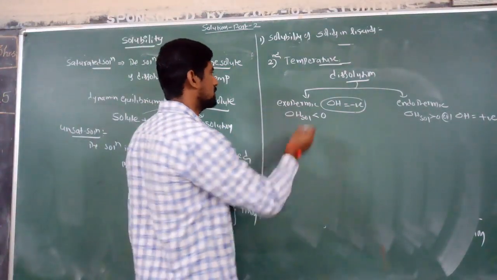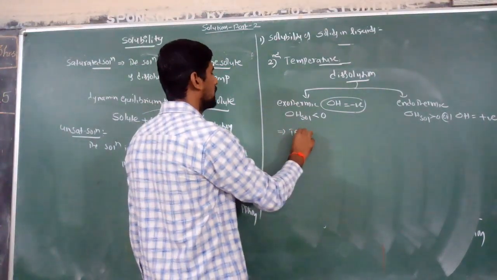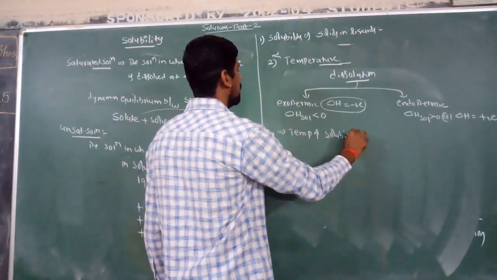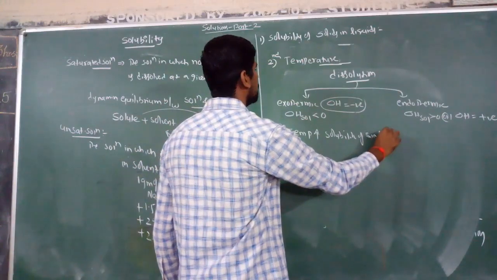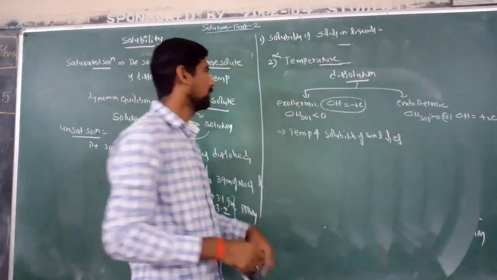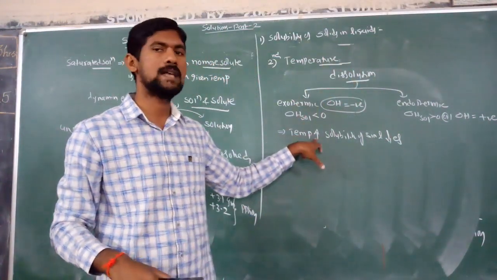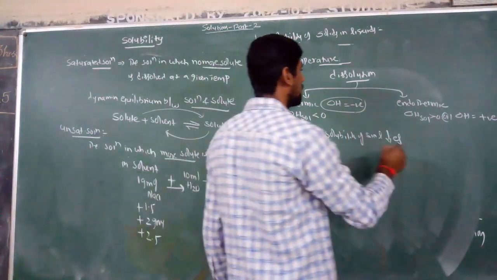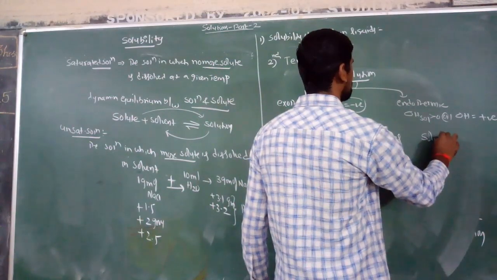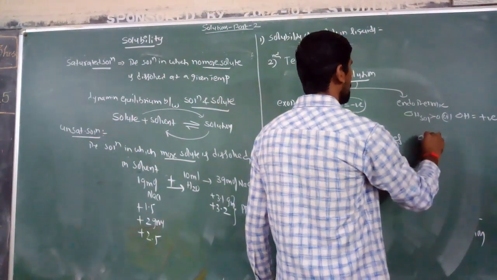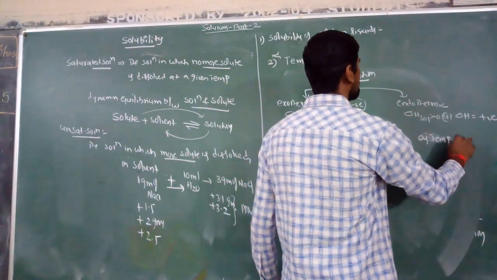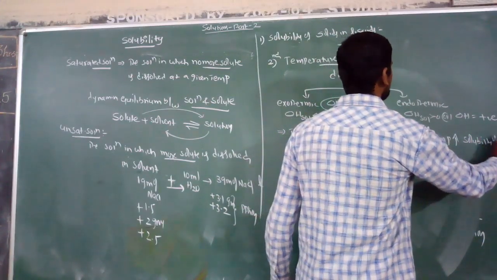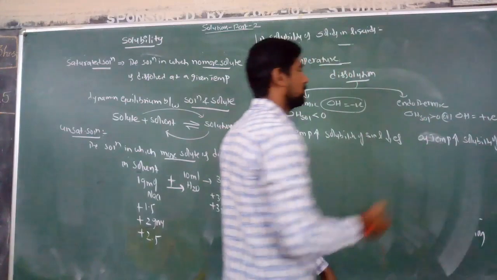For exothermic dissolution, as temperature increases, solubility of solids in liquids decreases. Contrary to that, for endothermic dissolution, as temperature increases, solubility of solids in liquids also increases.